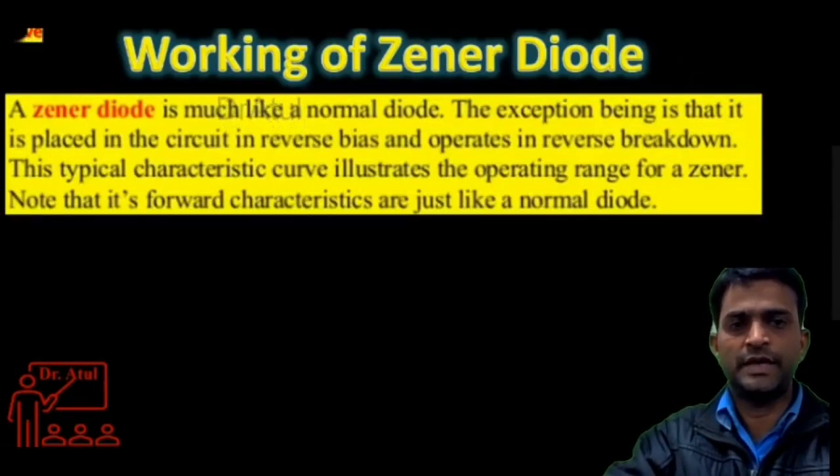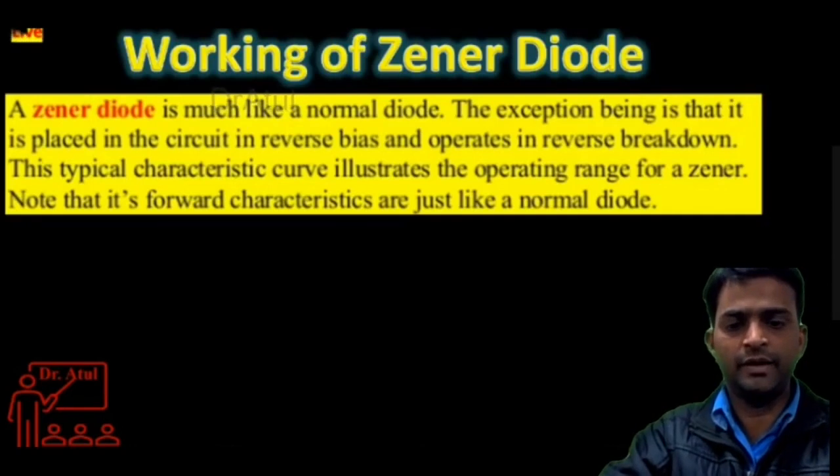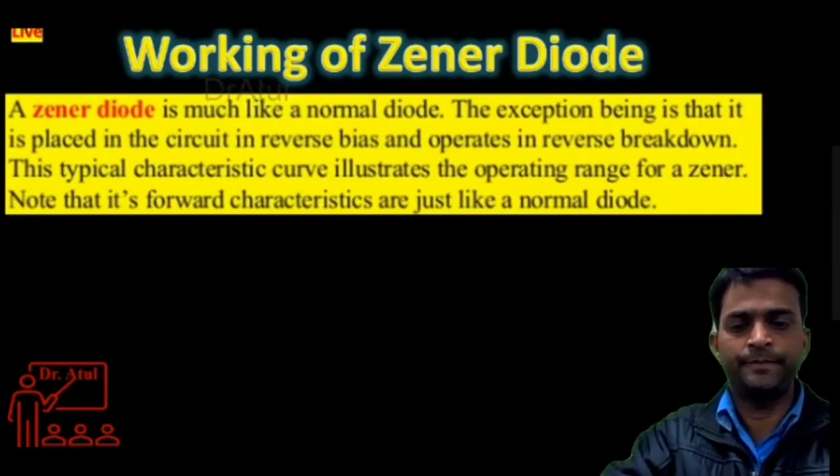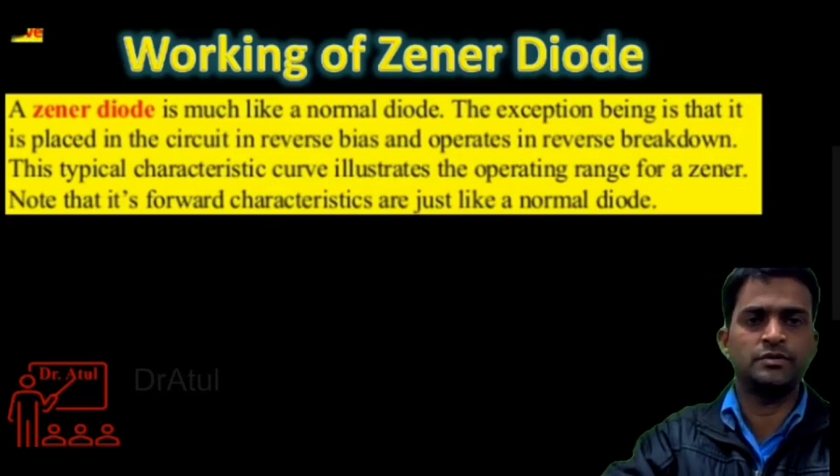Okay, let us see the Zener diode working. A Zener diode works similar to the normal diode. The difference is that when placed in reverse bias, a normal diode breaks down and doesn't work, but a Zener diode works in reverse bias. This is a special parameter, and the operating range of a Zener diode depends on its doping level and properties.